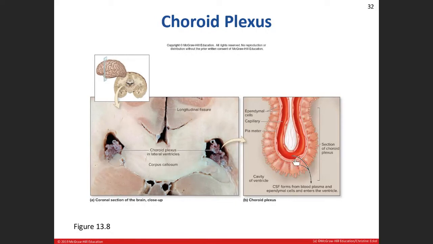And so these ependymal cells will literally just kind of filter out the blood plasma. Your red blood cells will stay in here, but it'll filter out the blood plasma outside of the blood vessel, and that blood plasma will then be used for our cerebral spinal fluid.